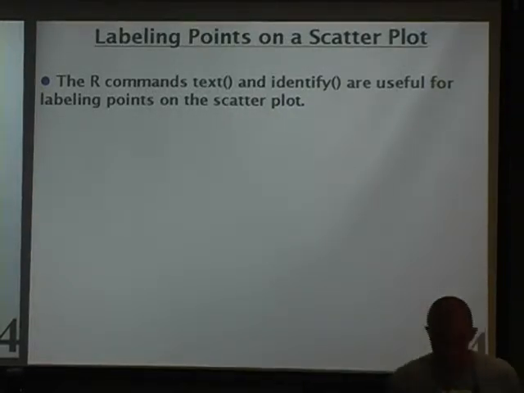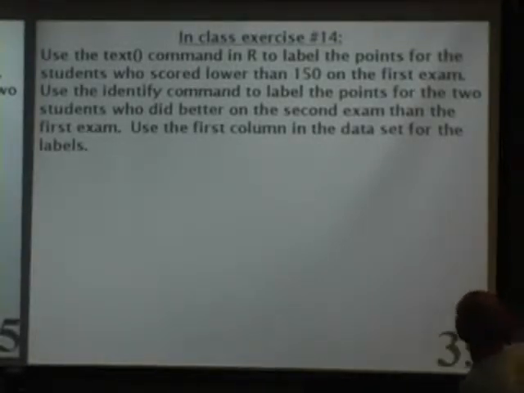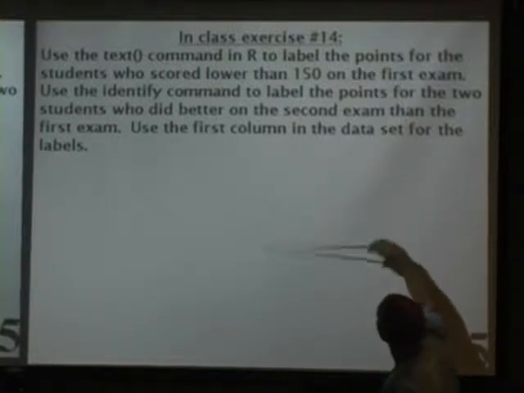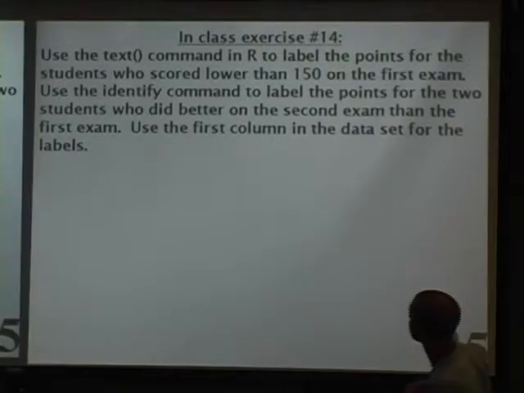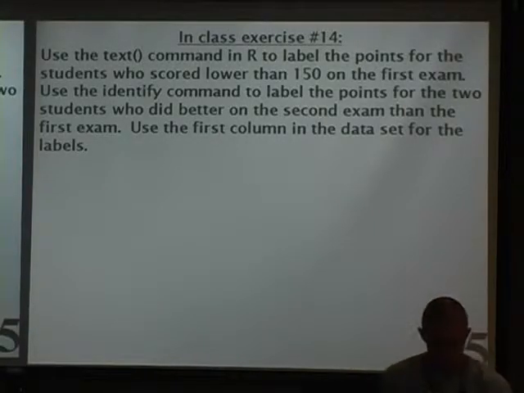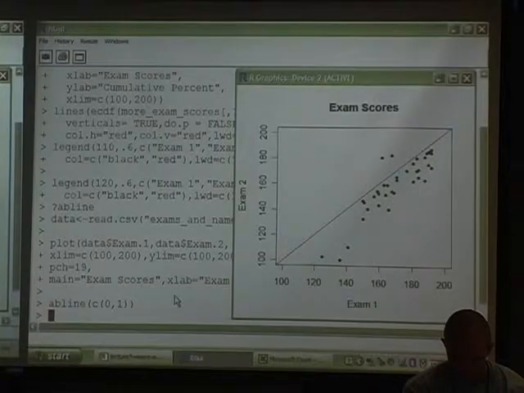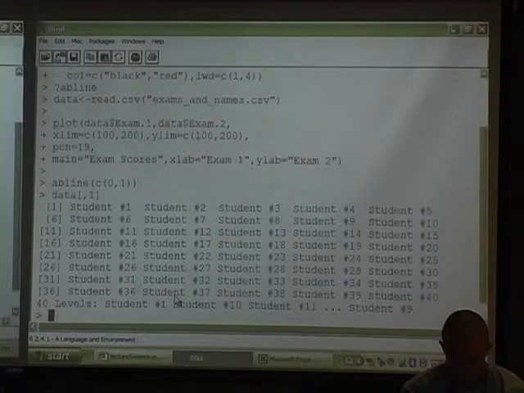Let me illustrate both of these for you. I want to use the text command to label everyone who got less than 150 on the first exam. Then I'm going to use the identify command to pick out the two people that did better on the second exam than the first exam. And I'm going to use the first column as the labels, because if you remember, that's the student names.